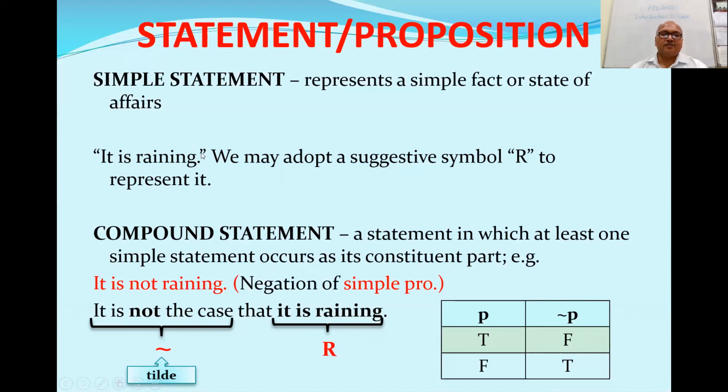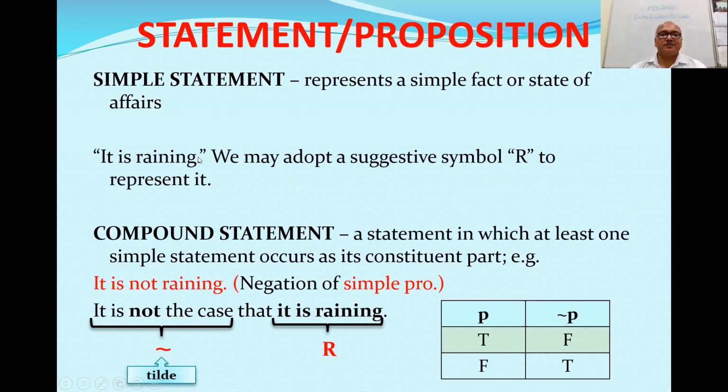So we adopt a convenient symbol to represent the whole of the statement. Now, normally we follow one very conventional way of choosing a symbol. We adopt the capital letters from A to Z to represent any statement. And usually we go by a particular letter in the words of the statement to choose a convenient symbol.